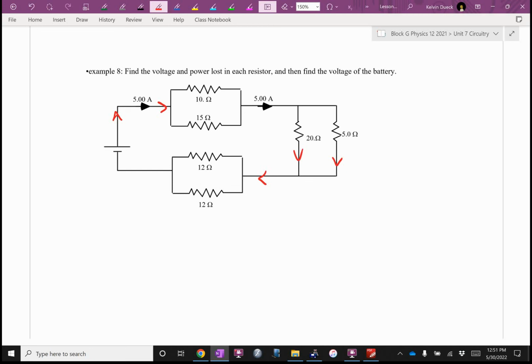This question's going to fall apart. Do I know how many amps went this way and this way? No. If those two are identical resistors, I'm betting it's 2.5 amps and 2.5 amps, but I'm not totally sure, so I'll walk away from that.